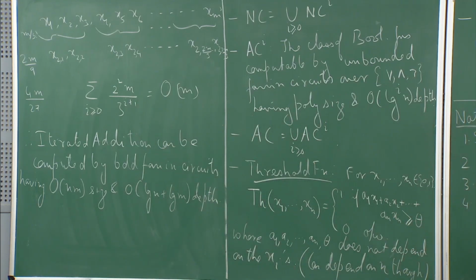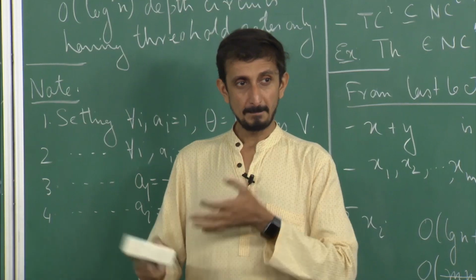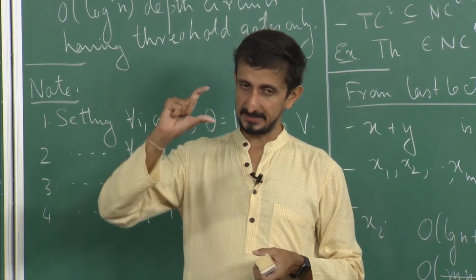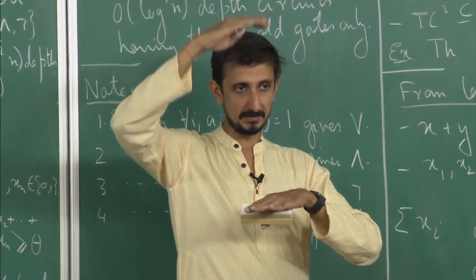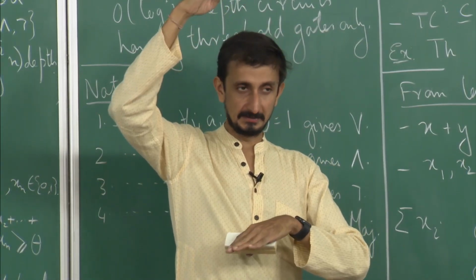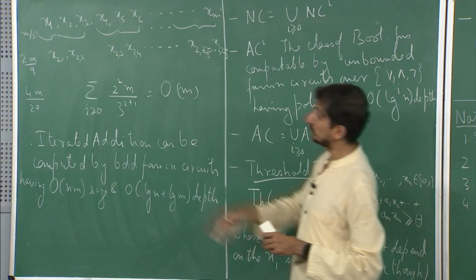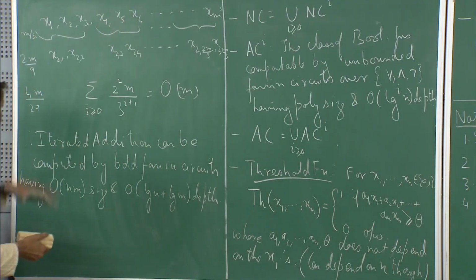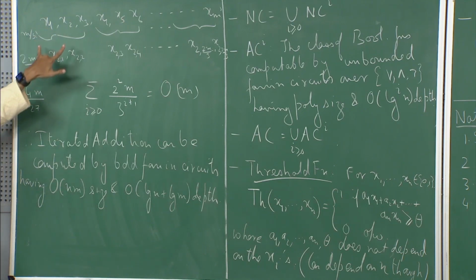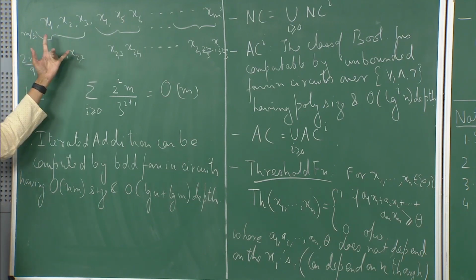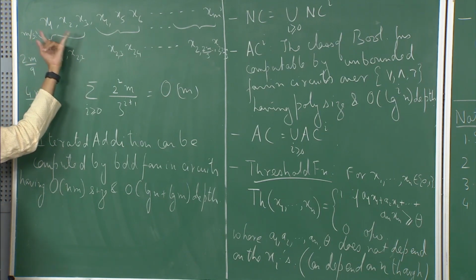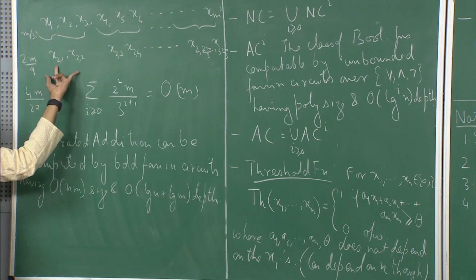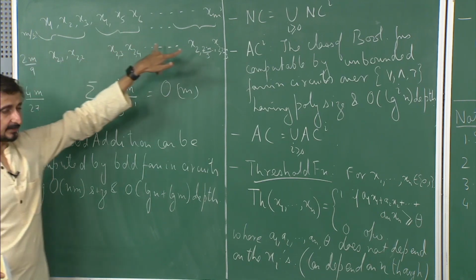Why is the depth log n plus log m? Each addition takes log n depth, and the number of levels is log m. The way this addition works is you show that if you take any 3 numbers, you can represent the sum of those 3 numbers as the sum of 2 other numbers. So you club them into groups of 3.